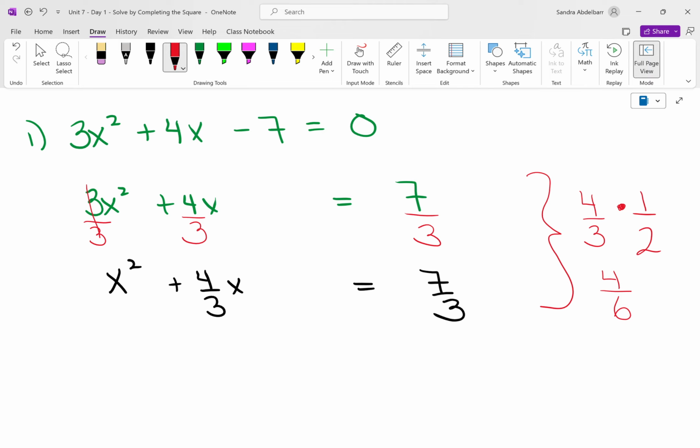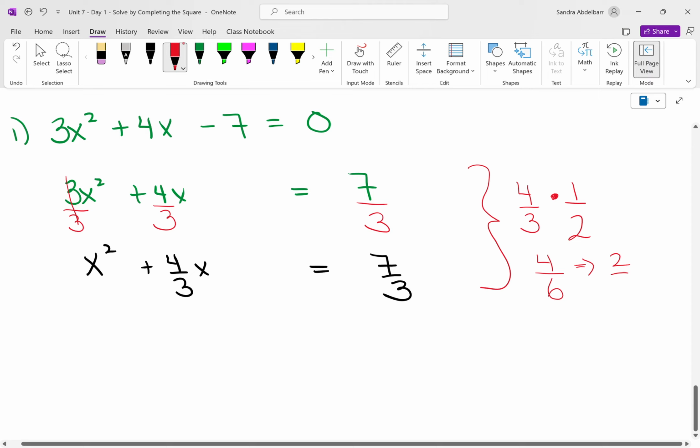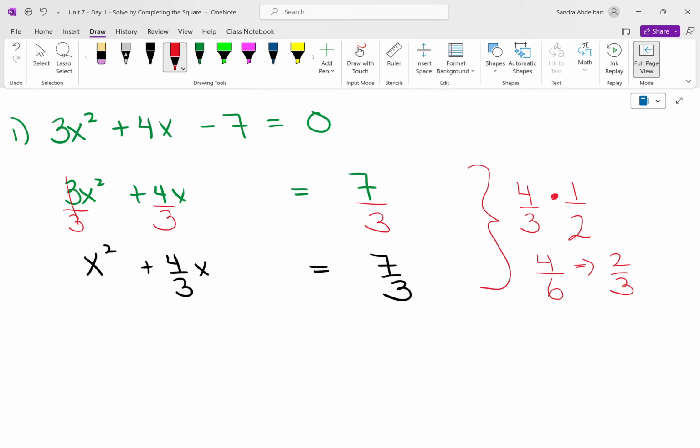So you can simplify 4/6, but it might complicate things when it comes to factoring. Let's see what happens when you simplify this. So this would go down to 2/3, right?